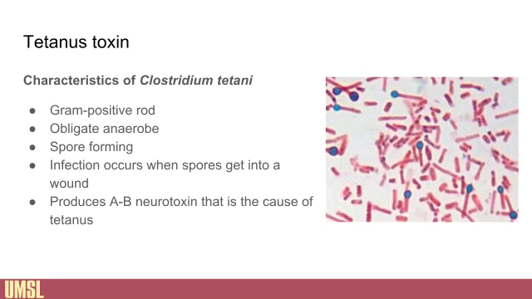So many of us have received a tetanus vaccine. So if we step on a rusty nail, we're not going to get tetanus. And the whole idea behind why this particular pathogen is associated with stepping on a nail or some sort of puncture wound is that this bacterium is an obligate anaerobe and it's spore forming.